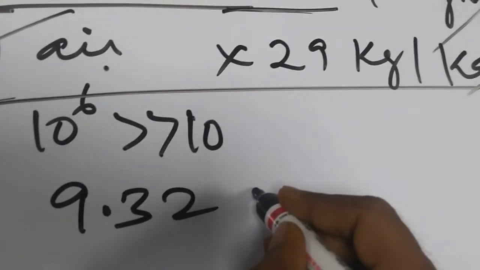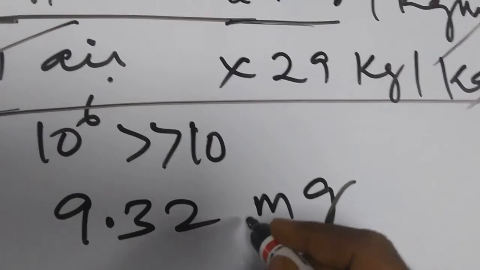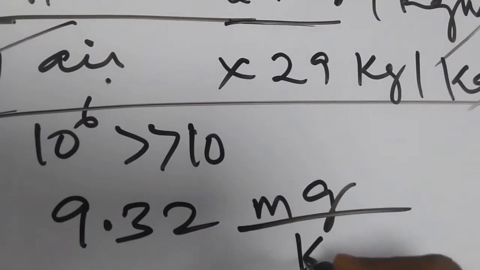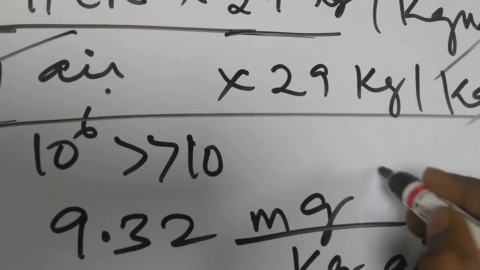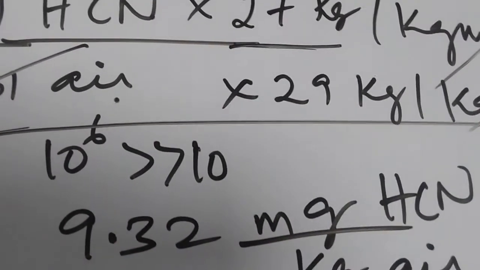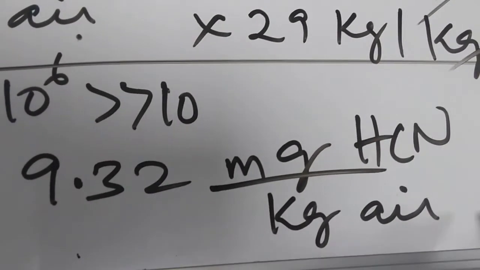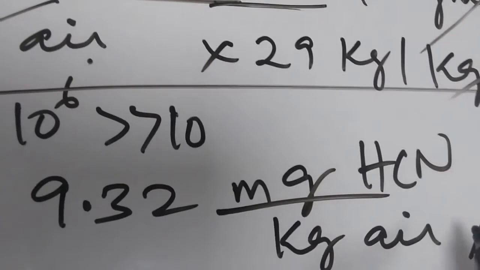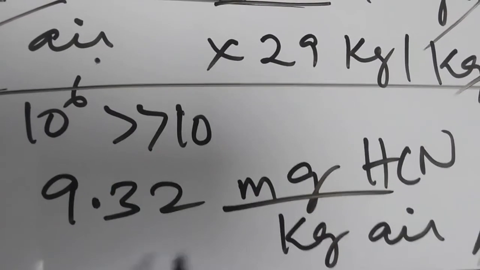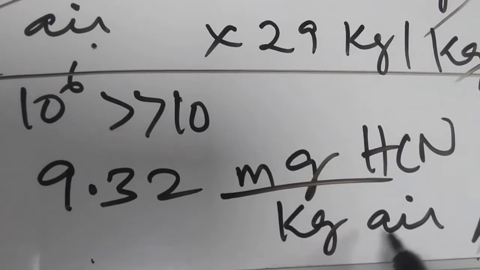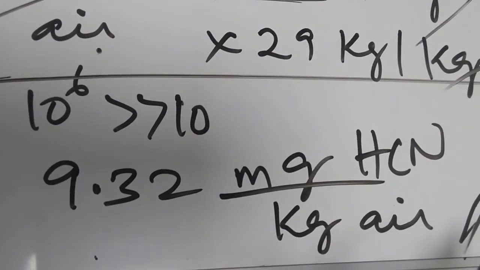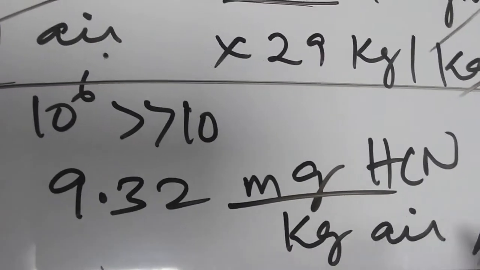The 10 power minus 6 can be written as milligrams per kg of air. So this 10 ppm is equivalent to 9.32 milligrams of HCN by kg air. Okay, so that is the first part answer. How much milligrams of hydrogen cyanide is there in kg of air? Okay, so that way we have determined.